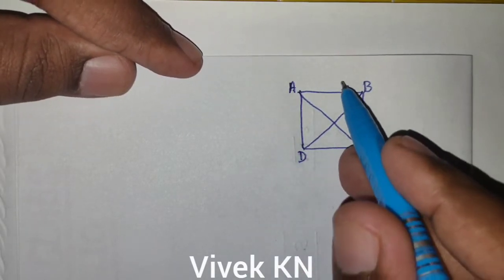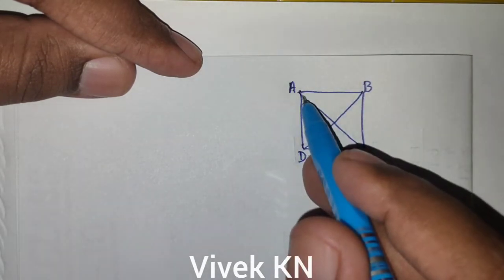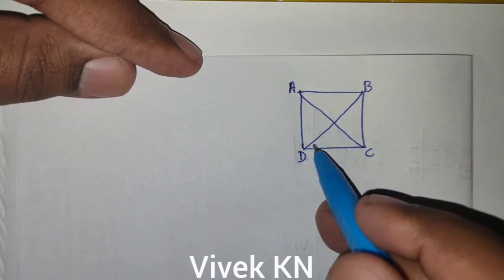A quadrilateral is said to be a square only when all sides and its diagonals are equal.